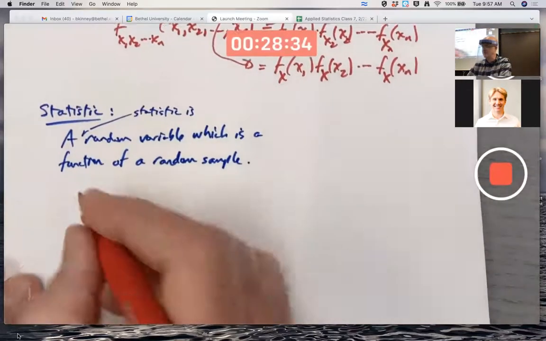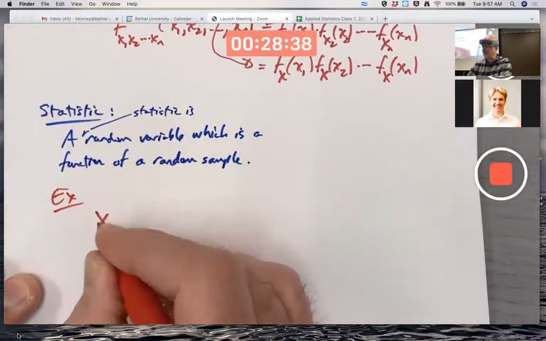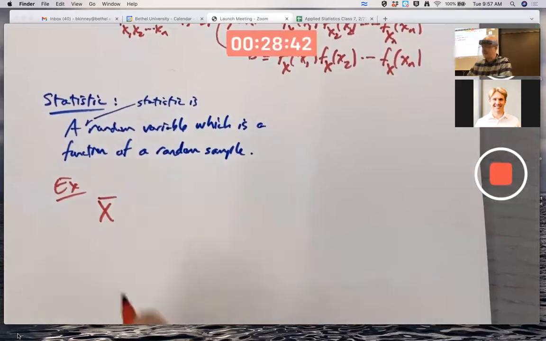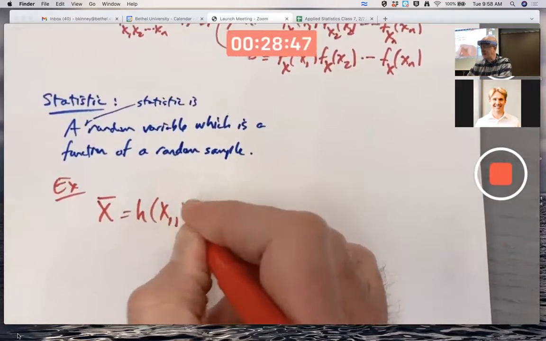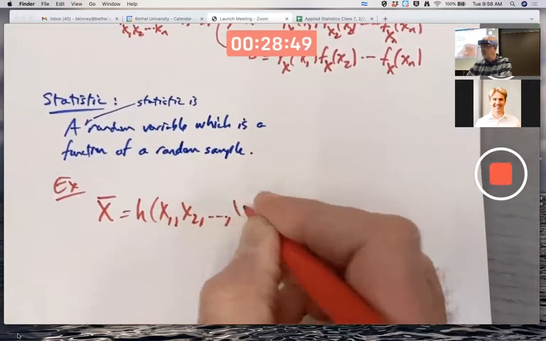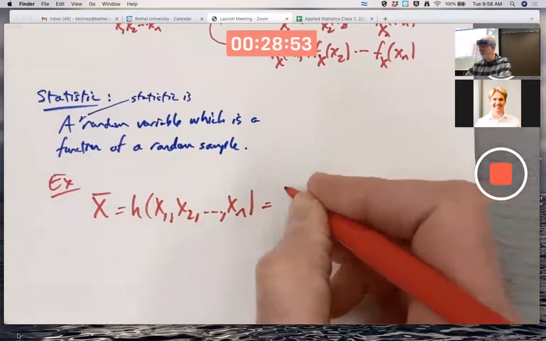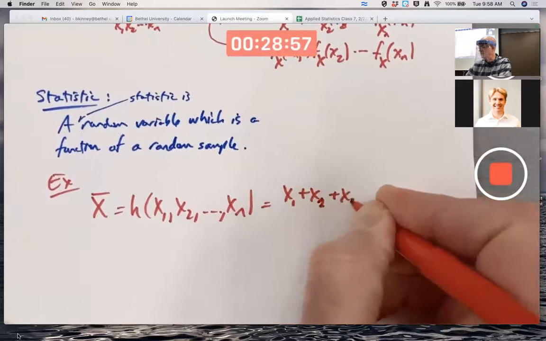Well, for example, the sample mean, X bar, make it a capital X, is a function, call it h, of X1 through Xn. What is h? It's the function that tells you to take the inputs, add them up, and divide by how many there are.